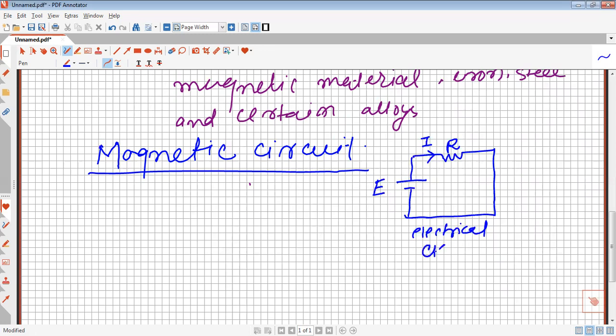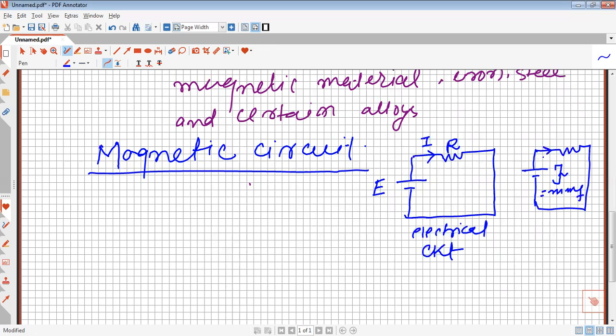And another circuit I am just drawing here, analogous to this circuit. There is a circuit, and this term is represented by MMF. Here it is EMF, and this is called MMF, magneto-motive force.